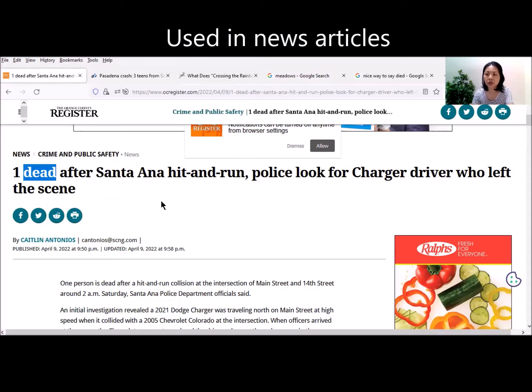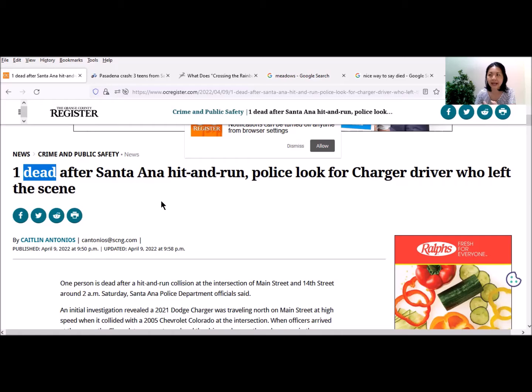So it's typically used when you are reading a news article or even in stories as well. And of course, when you're watching the news, you will hear the news reporter say, oh, 1 dead after a terrible car accident. So it's used in that setting.